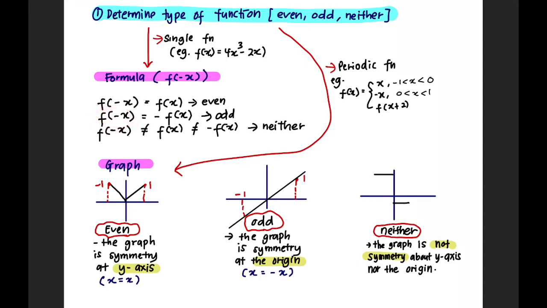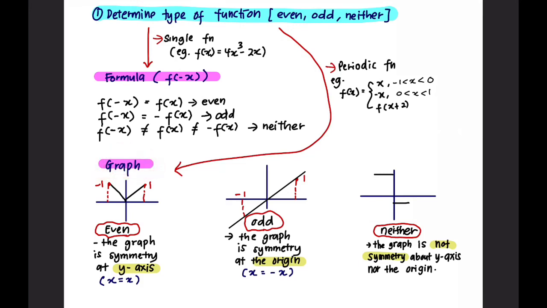If f(-x) equals negative f(x), then the function is odd. But if f(-x) is not equal to f(x) and is not equal to negative f(x) also, then the function is neither.